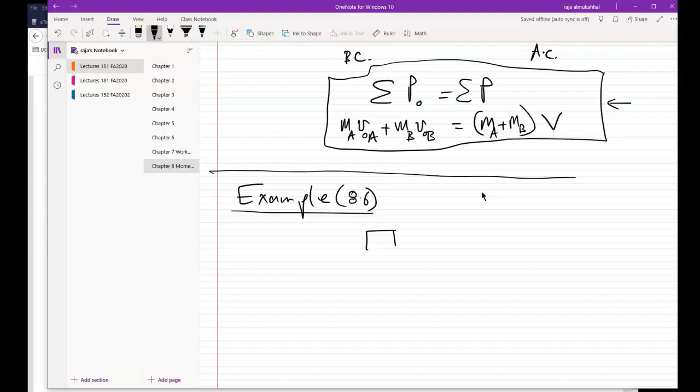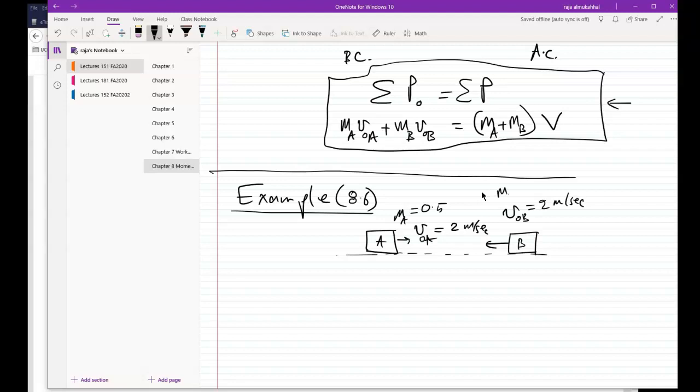So here's glider A moving with velocity 2. The mass of A is 0.5. And then glider B, right here, moving, whoops, it's not lined up, sorry. I'm trying to erase that. There we go. So glider B is right here, moving with v_0B. This is v_0A, sorry. v_0B is also 2 meters per second in the negative direction.